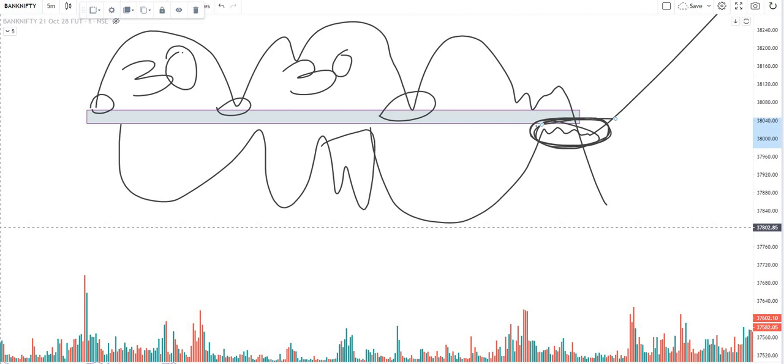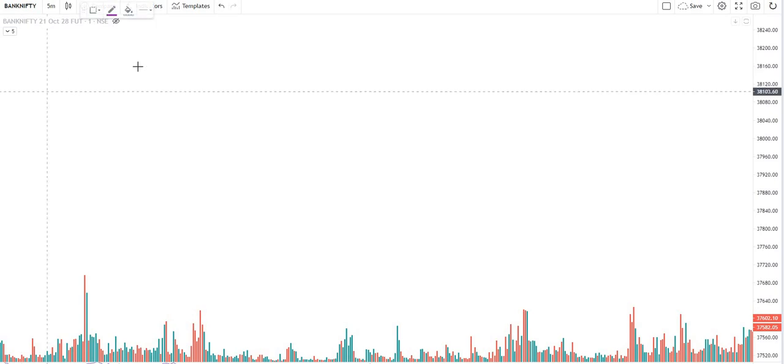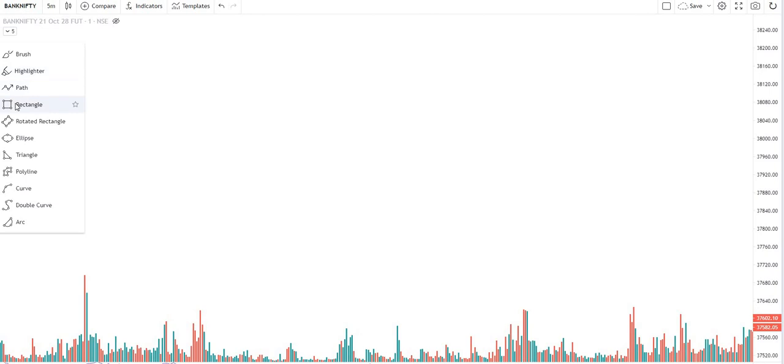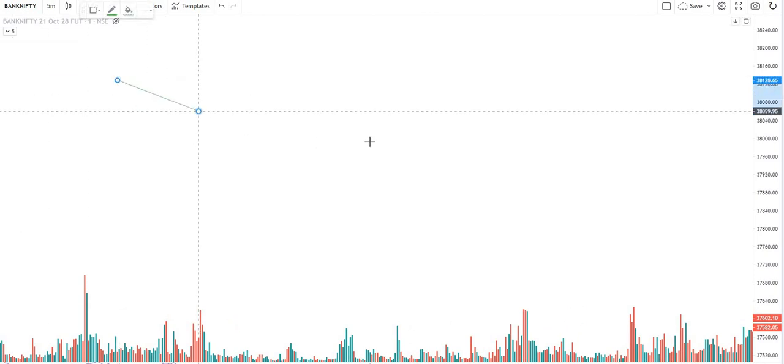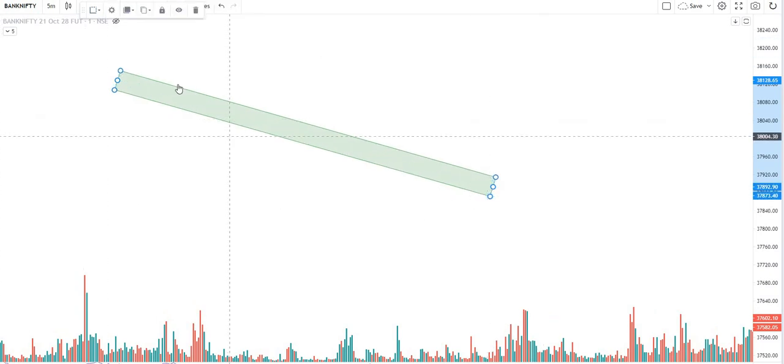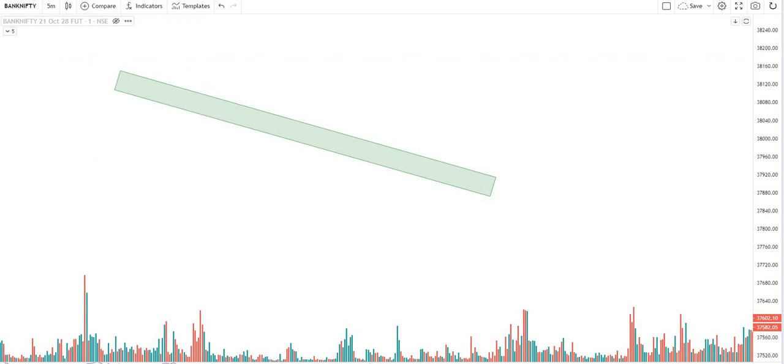So I am giving you another type of breakout example. Suppose you draw this type of rectangular shape, then go with the price.